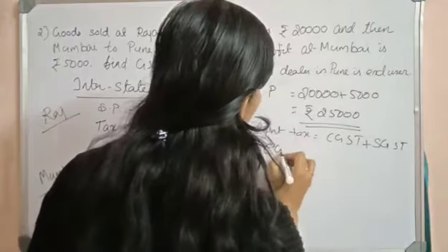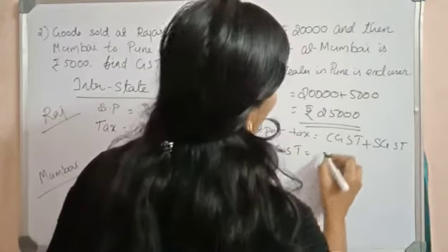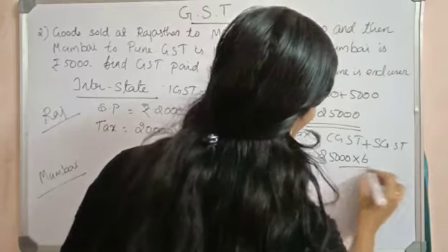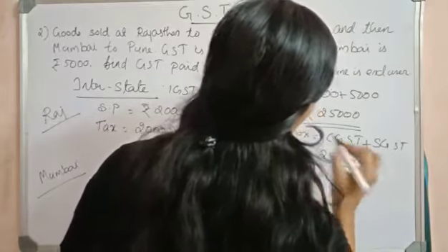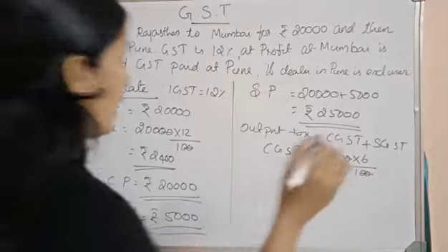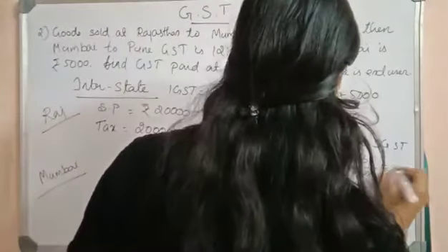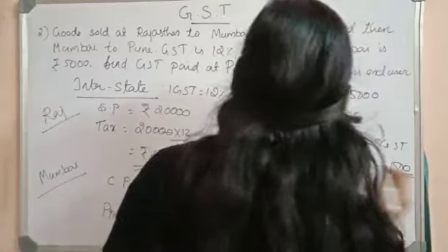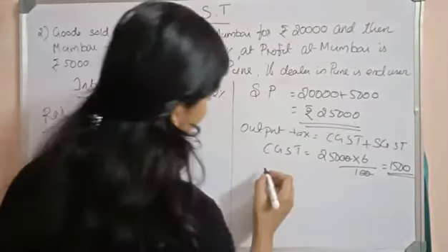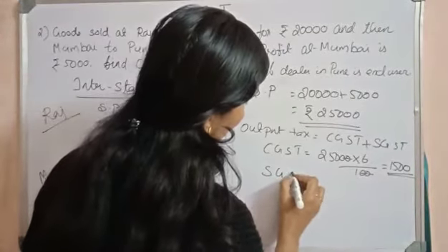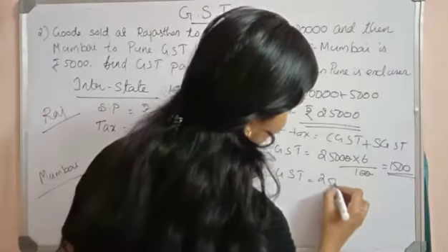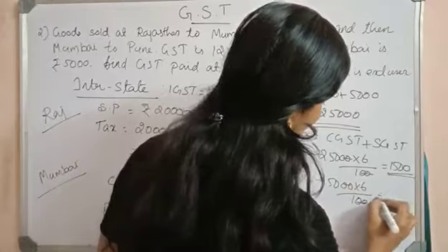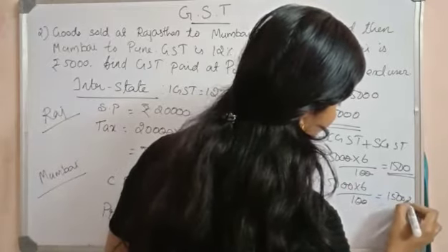So CGST is 6% of the selling price, that is 25,000 into 6 by 100, and that is equal to 1500. The CGST is 1500. The SGST is also 25,000 into 6 by 100, and that's equal to 1500 rupees.